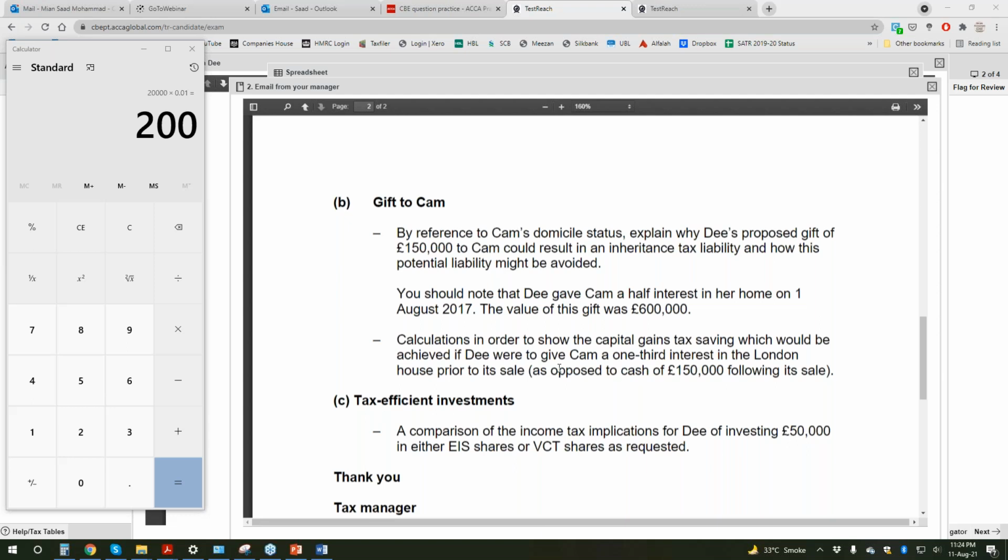So for D, the maximum amount that she can give to Cam without attracting IHT is 325,000. If D gifts anything to Cam above 325,000, it will be considered as a PET. And if D were to die within 7 years, Cam has to pay IHT on that. That can go up to 40%.